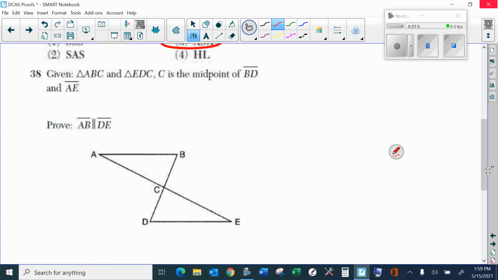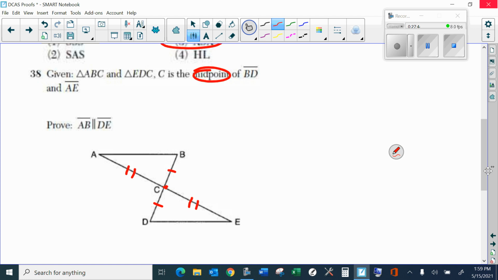Given this, and C is the midpoint of BD, then remember we use midpoint formula to say that that is congruent to that in one of my steps. Actually, the first step. And it's not only the midpoint of BD, it's also the midpoint of AE.